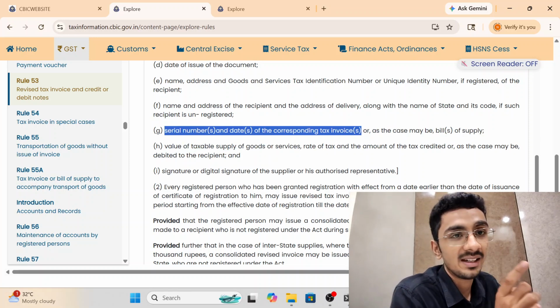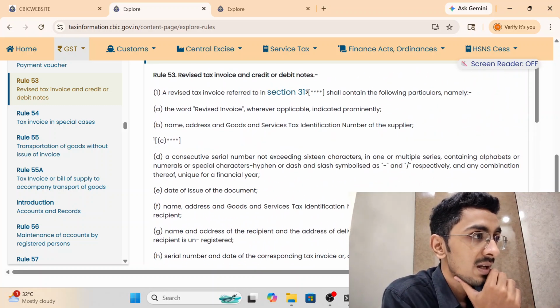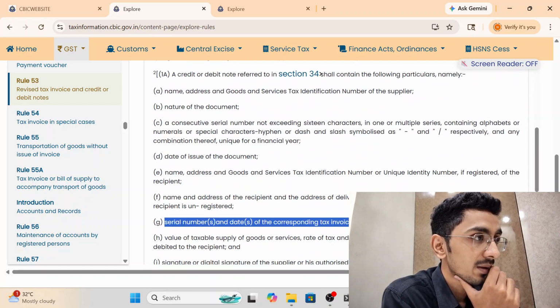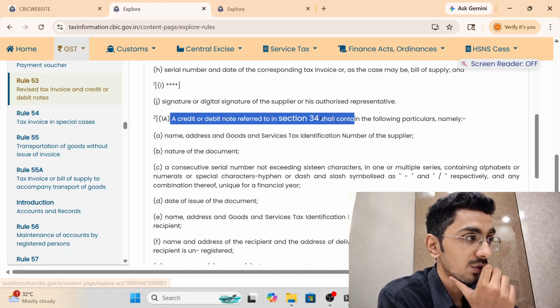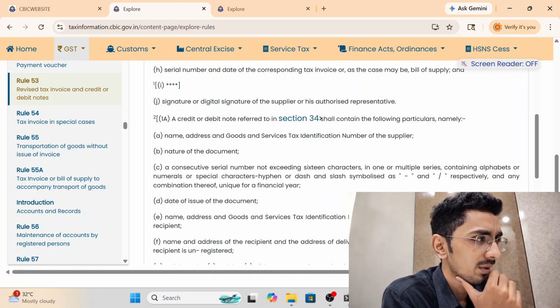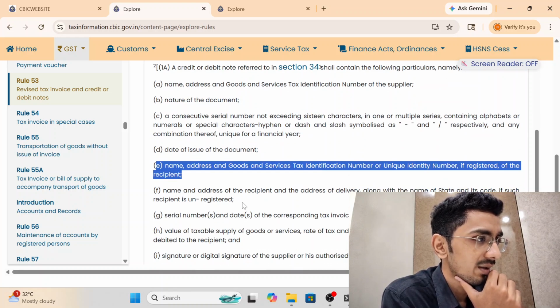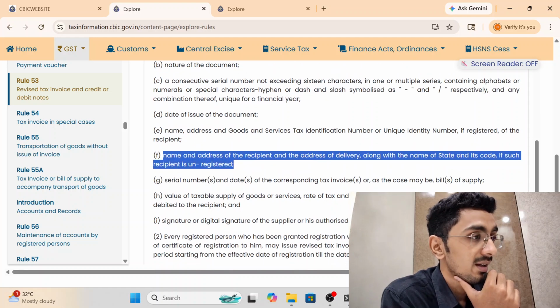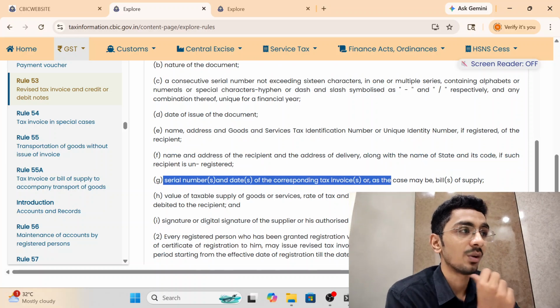So here it clearly says this in the physical copy, because Rule 53 covers that a debit note and a credit note referred to in Section 34 shall contain the following particulars, namely name, address, GSTIN and nature of the document, serial number, credit note number, date of issue of document, address of the recipient, name and address in case of an unregistered person, and most importantly, the serial number of the corresponding tax invoice.